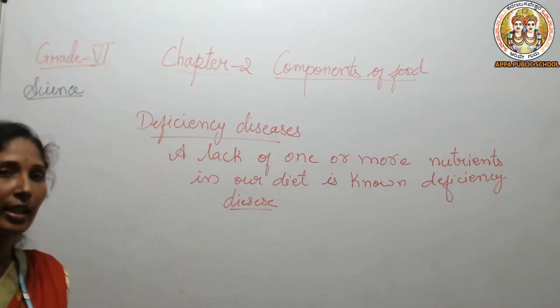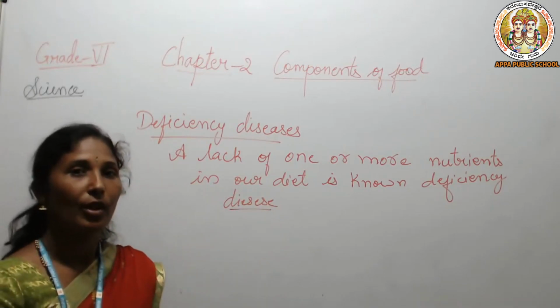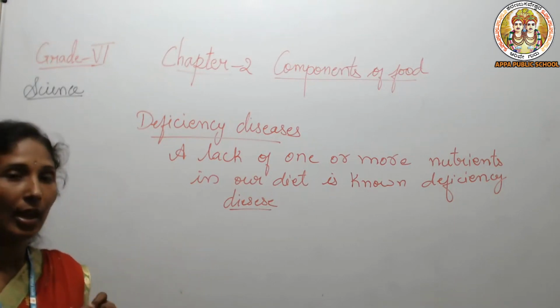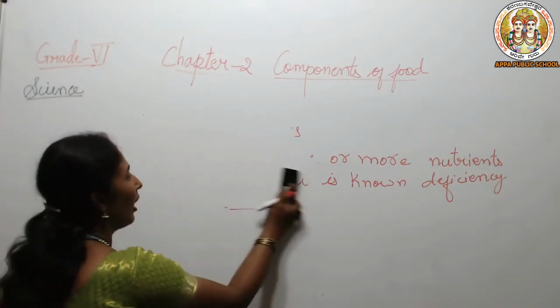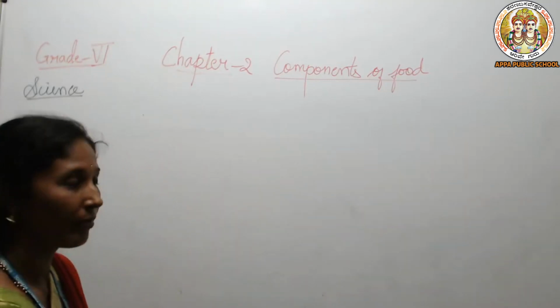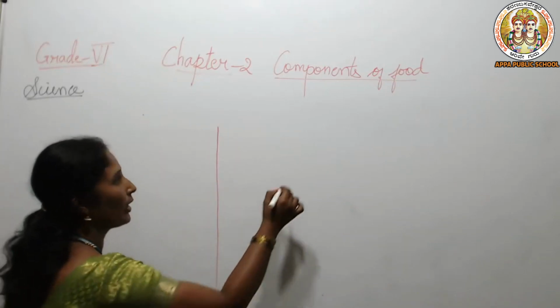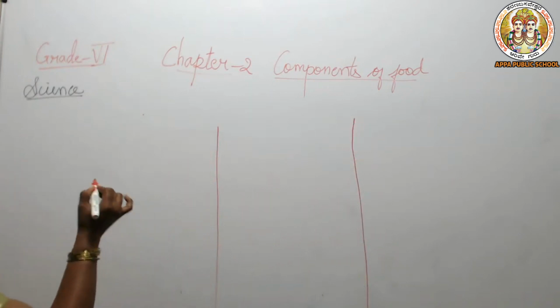Yes, deficiency diseases. Now first we study vitamin A. We will make one table, and in that table we'll see which vitamins are lacking in our body, and which diseases we can suffer from.